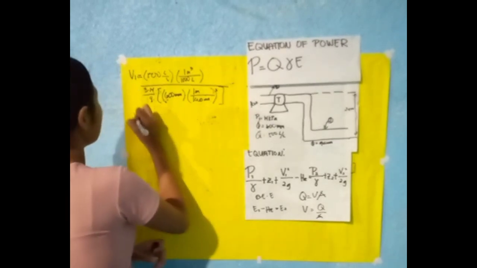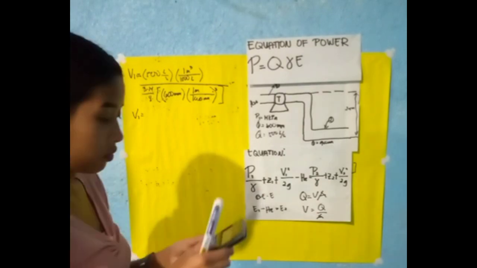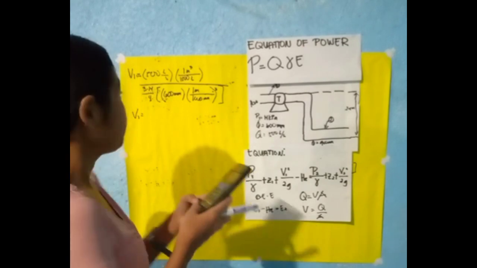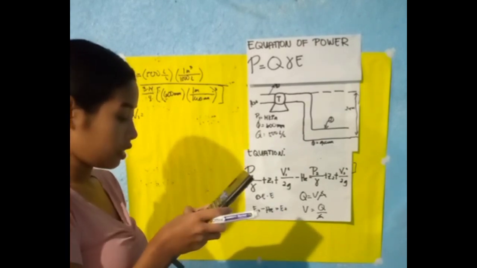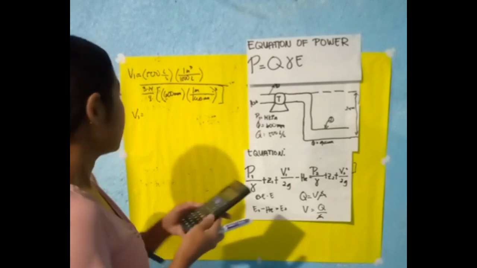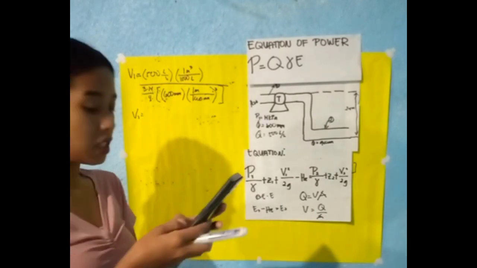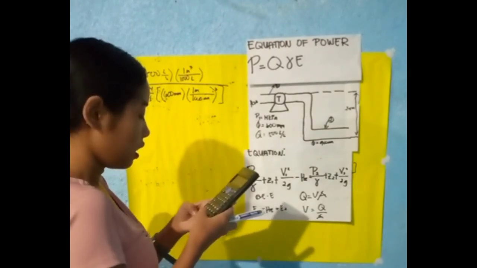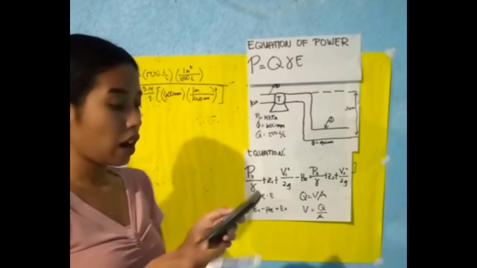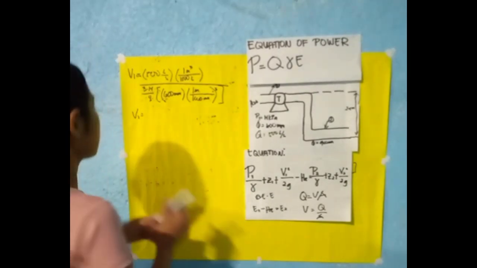So we are going to calculate this one. 500 divided by 1,000 divided by 3.14 times 4. Then 600 divided by 1,000 is equals to 0.6. So divided by 0.6 squared natin. So ang result ay 1.769.